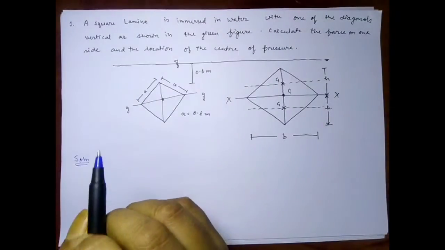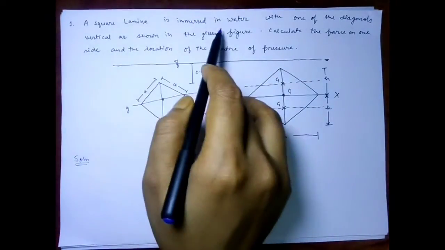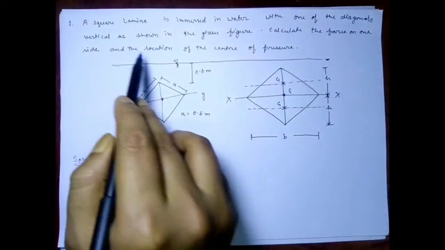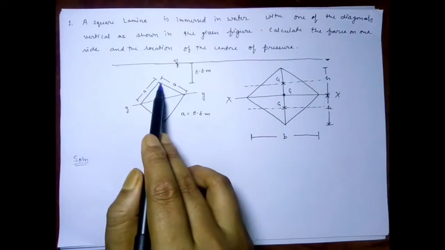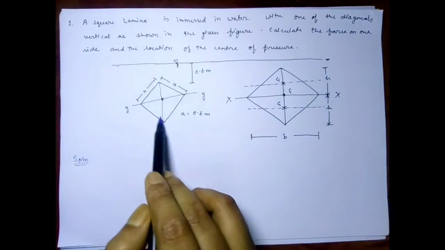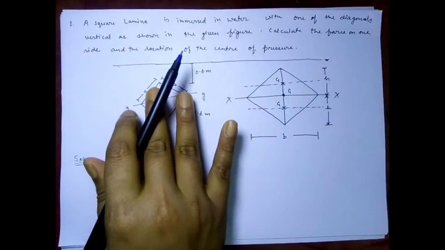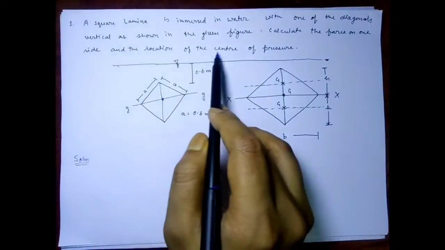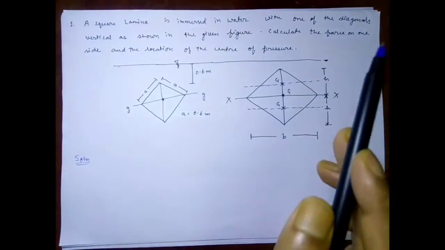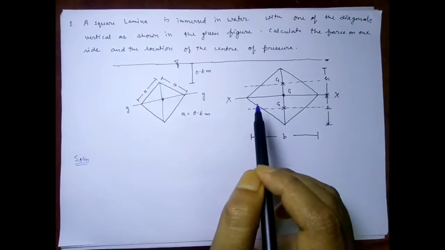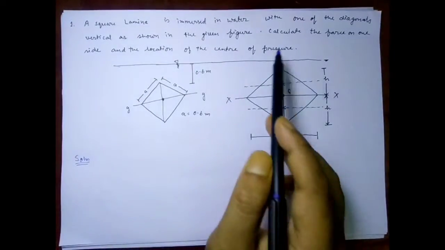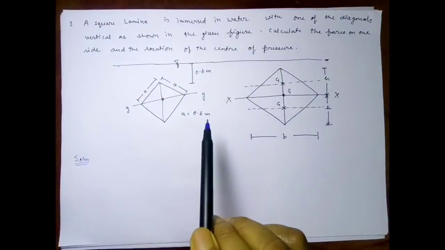So we have a problem. A square lamina is immersed in water with one of the diagonals vertical as shown in the given figure. See, one diagonal is vertical and it is immersed in water. Calculate the force on the side and the location of the center of pressure. So we have to calculate the force that is acting on the side and the location of the center of pressure.